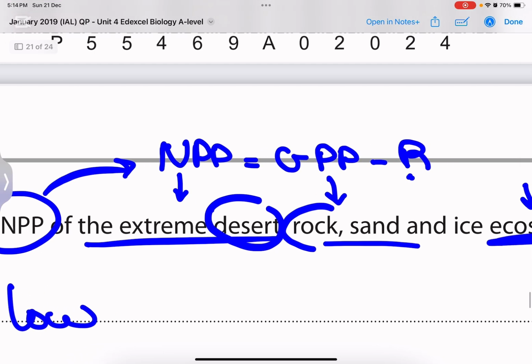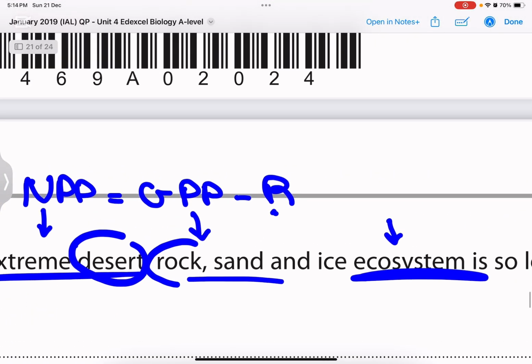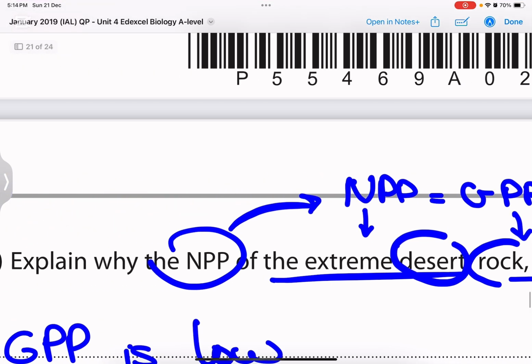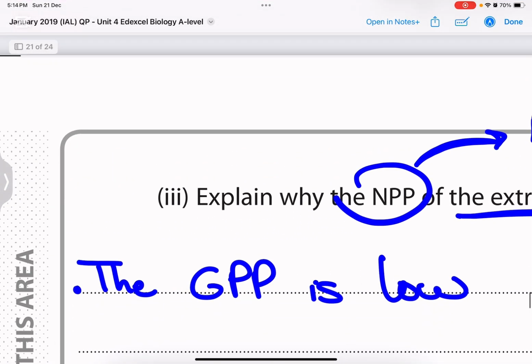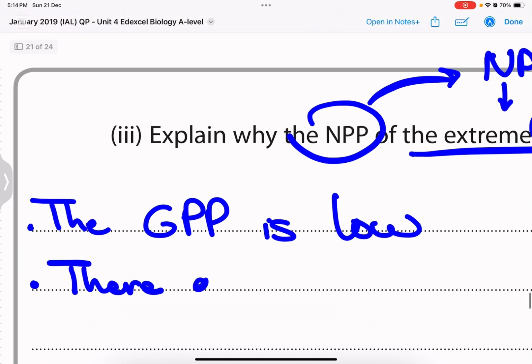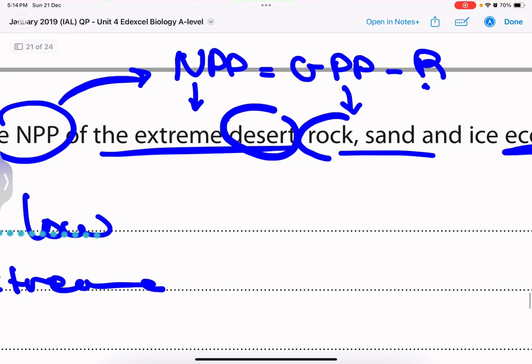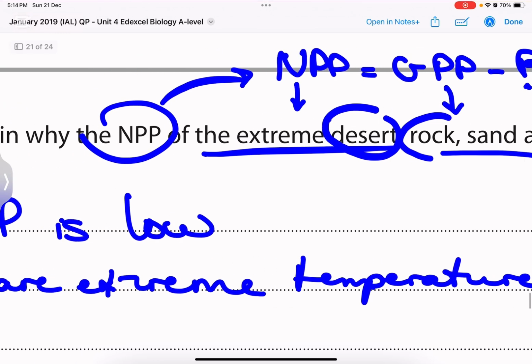And due to the following reasons, that can be due to the environmental conditions, temperature, and rainfall. So we'll say that there are extreme temperatures in general in these ecosystems.